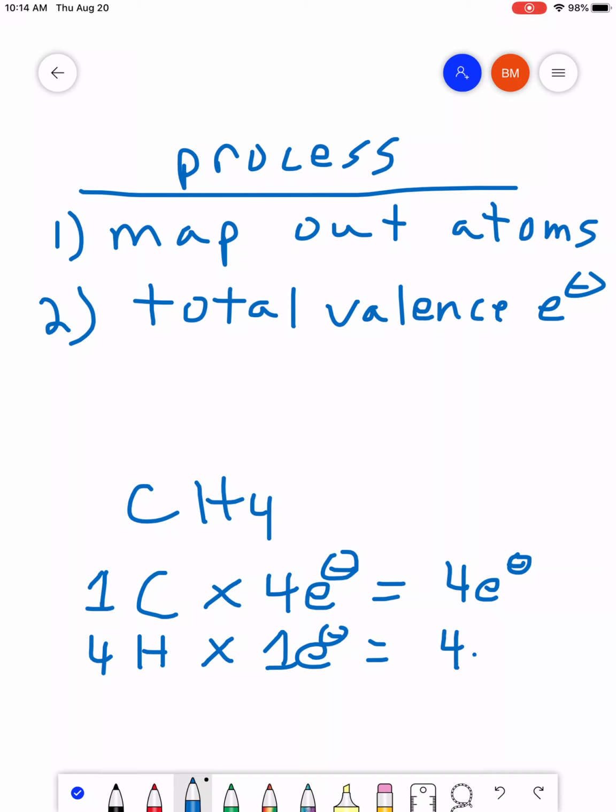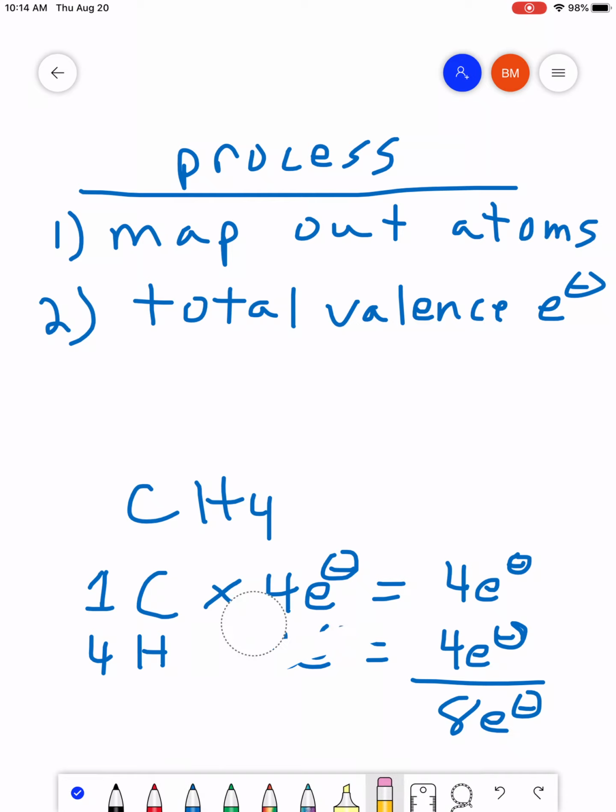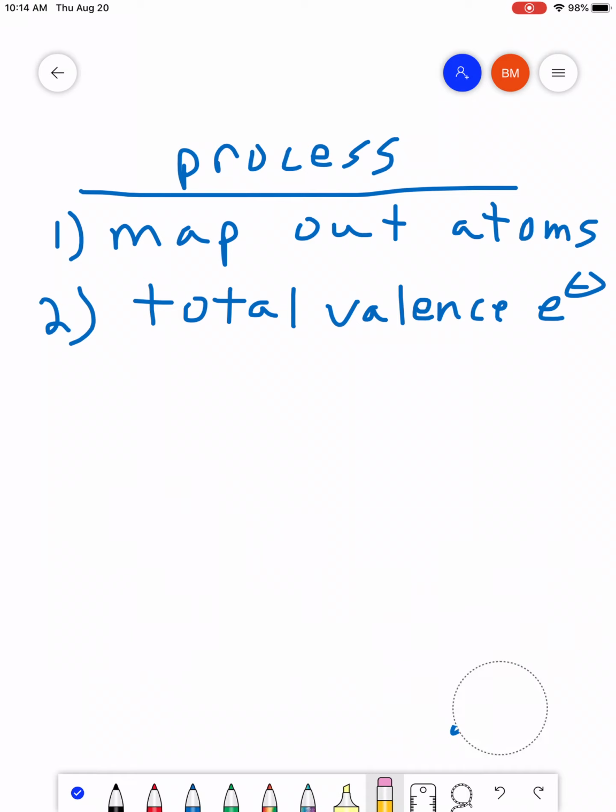That means you have 4 total valence electrons from hydrogen. You add those up, and voila, you've got 8 electrons. So in this case, in your map of atoms, you're trying to link those together and arrange 8 individual electrons.